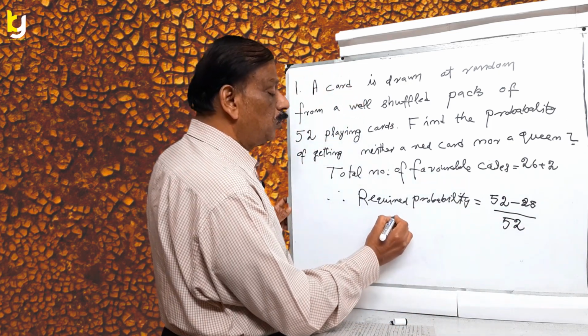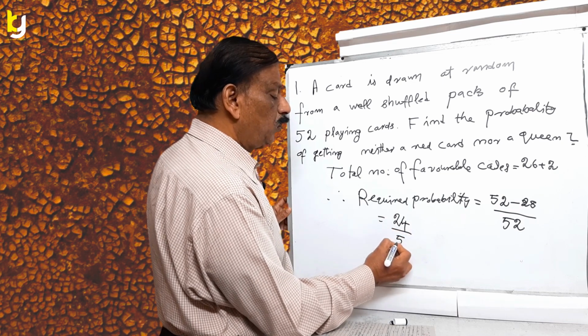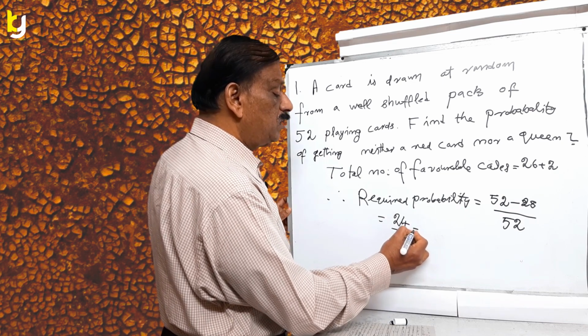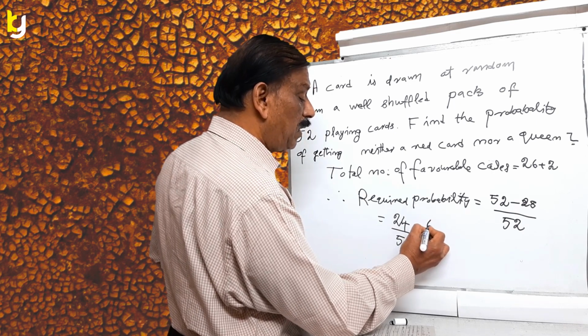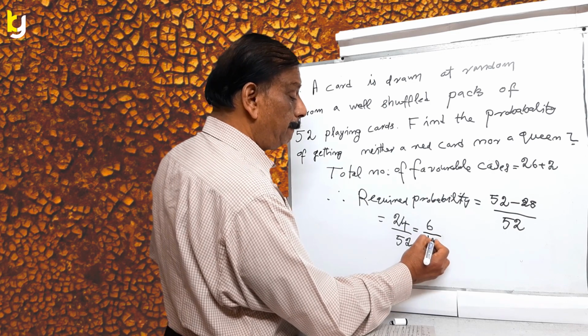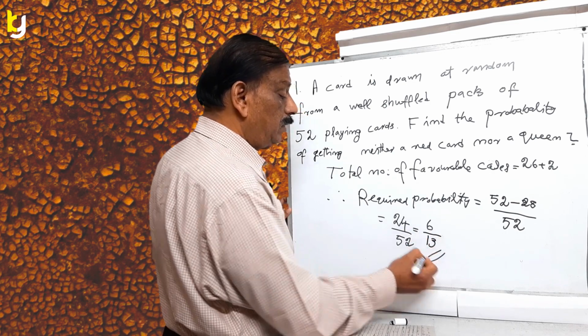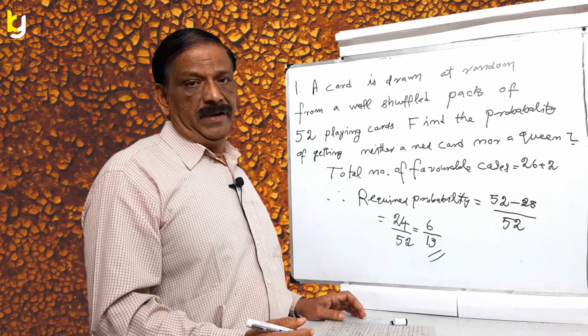This is equal to 24 by 52, that is equal to 6 by 13. This is the required probability.